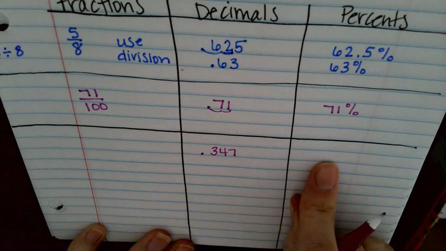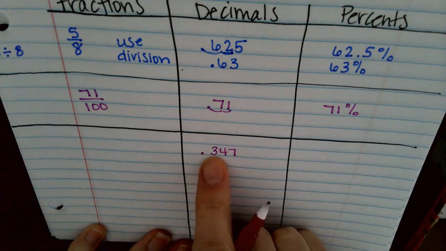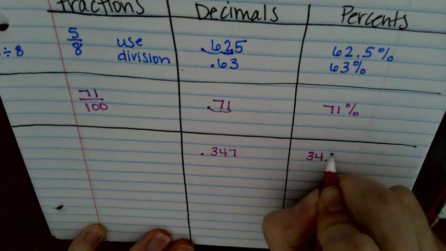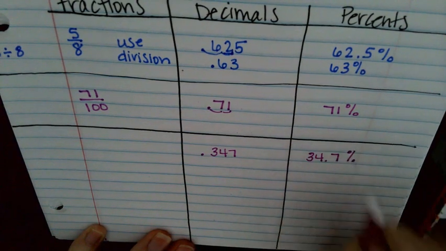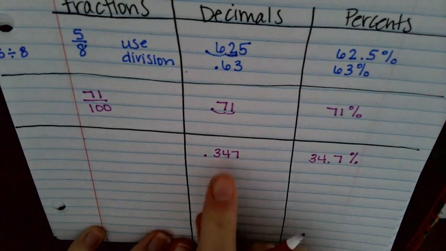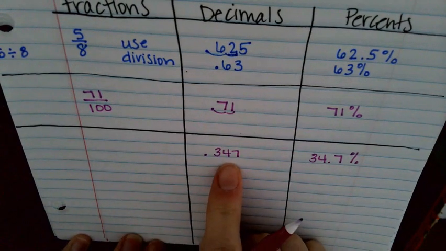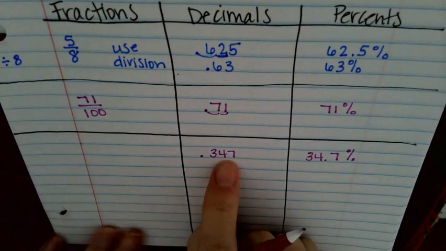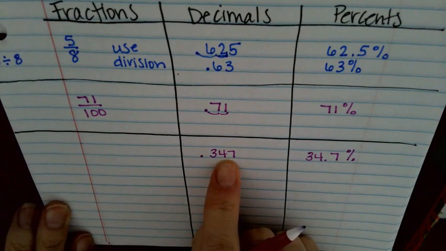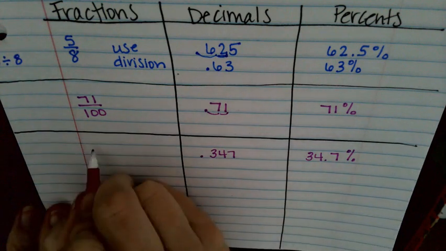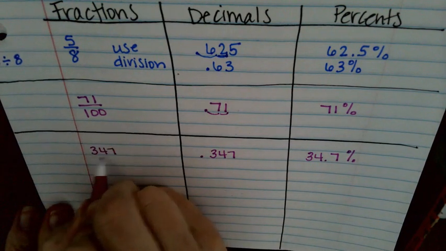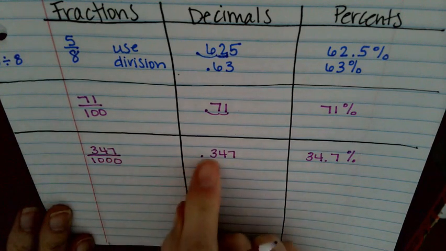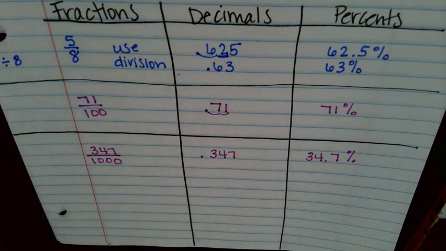I know to go to a percent, I'm going to move the decimal 2 places to the right, which gives me 34 and 7/10%, or 34.7%. But again, say this number out loud. 347 thousandths. It's a fraction. It's a decimal. They're the same. 347 thousandths. Do you see how those sound exactly the same? Okay.